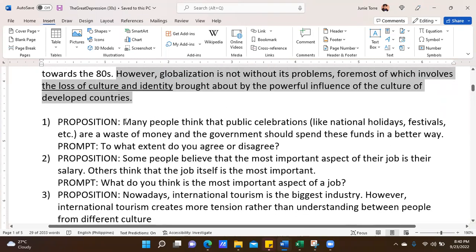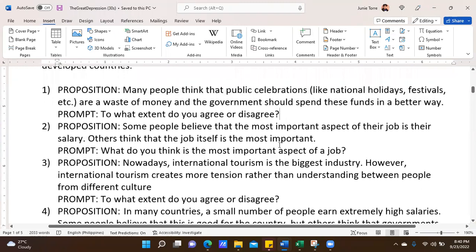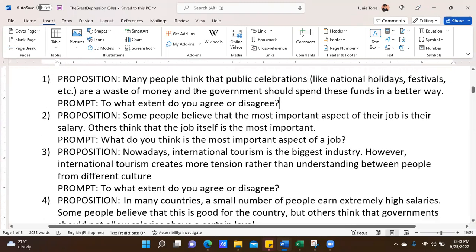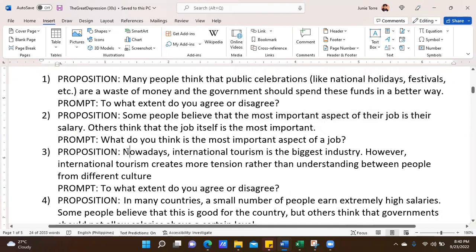Ayan, many people think that public celebrations are a waste of money. The government should spend funds in a better way. Maraming tanong about that, ng government spending. Some people believe that the most important aspect of their job is their salary. Others think that the job itself is more important. Both kaya. They're both important. Nowadays, international tourism is the biggest industry. However, international tourism creates more tension rather than understanding between people from different cultures.